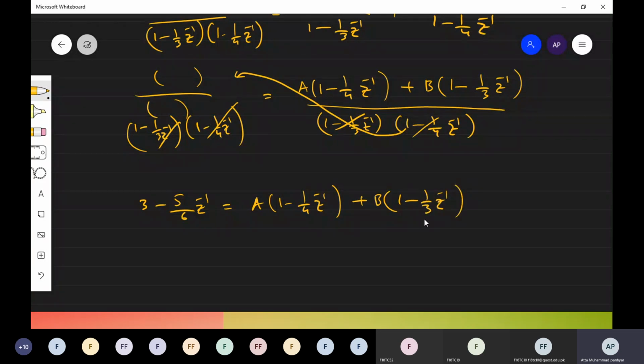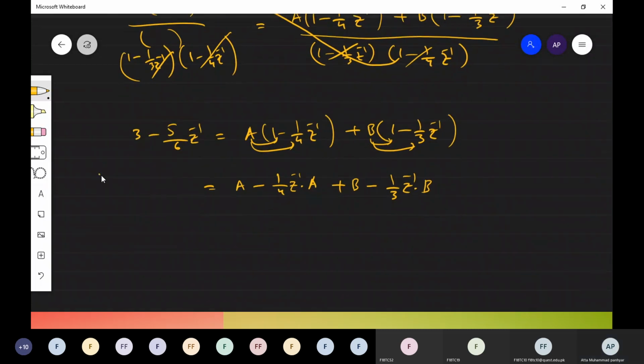Okay, now if I solve it further, this becomes A plus B, minus A upon 4 z inverse, minus B upon 3 z inverse. I multiplied this term with this and this term with this; this is normal mathematics.